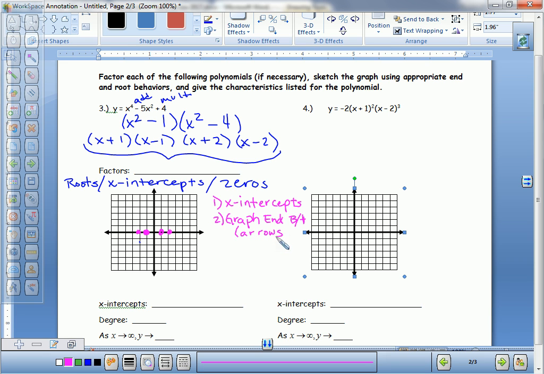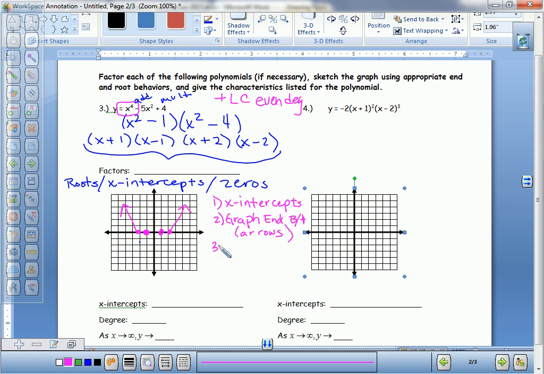So we come back up here, and to find the end behavior, we look at it: it is a positive leading coefficient and an even degree function. So this one rises to the left and rises to the right.